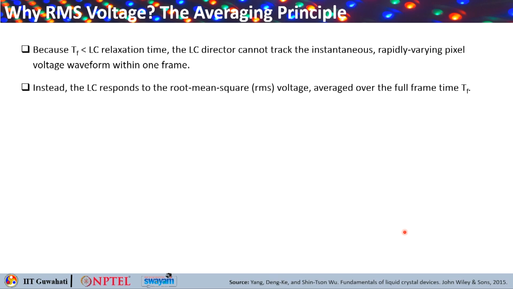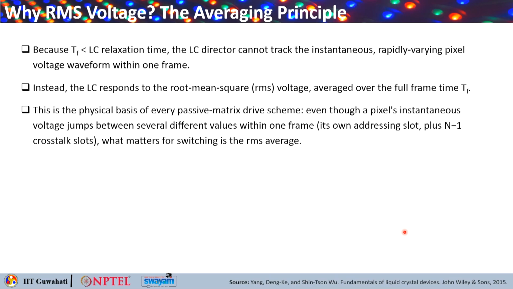Instead, the liquid crystal responds to the root mean square voltage, which is the averaged voltage over the full frame time Tf. And as I mentioned, this is the physical basis of every passive matrix drive scheme.